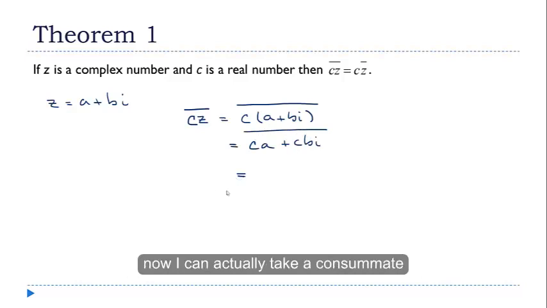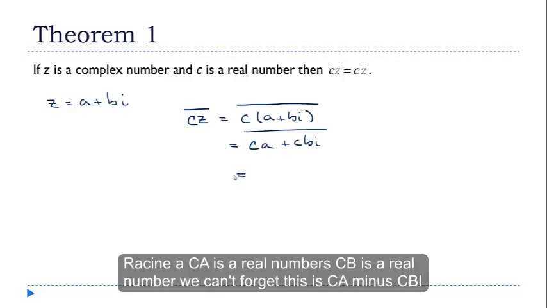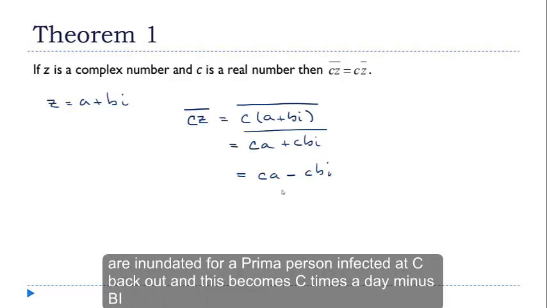Now I can actually take the conjugate. Ca is a real number. Cb is a real number. The conjugate of this is ca minus cbi. Now I'm going to use the distributive property in reverse. I'm going to factor that c back out. And this becomes c times a minus bi.